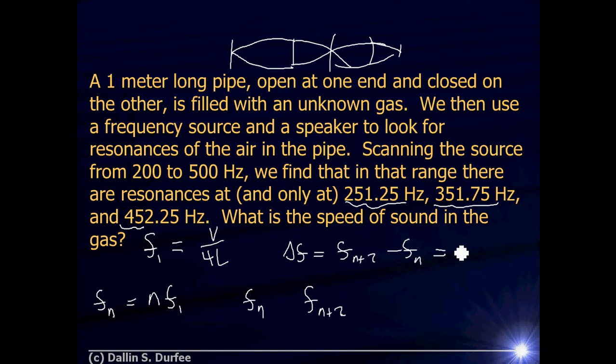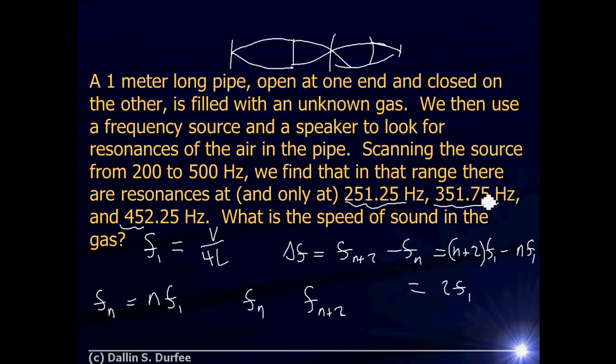But f of n plus 2 is just n plus 2 times the fundamental, and the nth harmonic is just n times the fundamental. So this is just going to turn out to be, the n's cancel out, 2 times the fundamental frequency. So by taking the difference of those two, I will get 2 times the fundamental frequency.